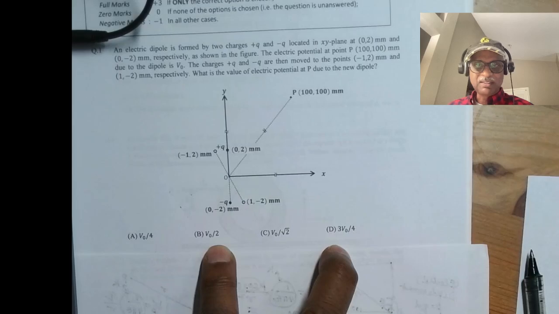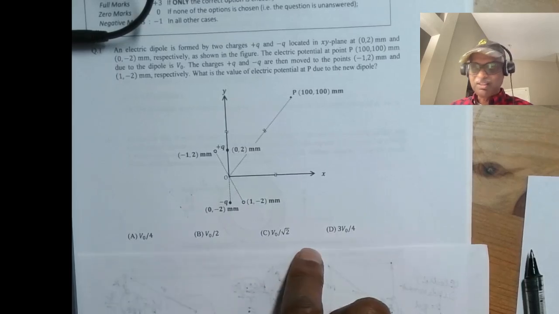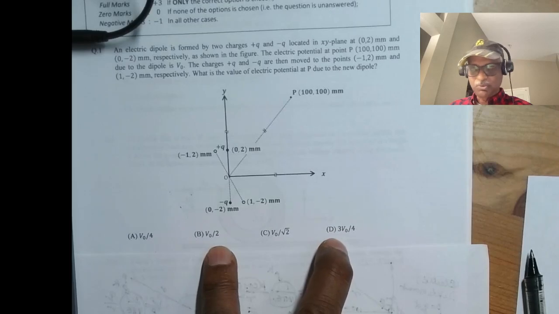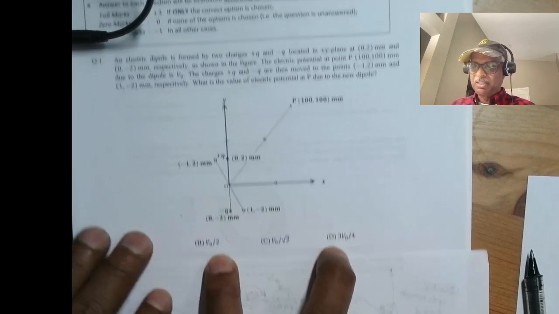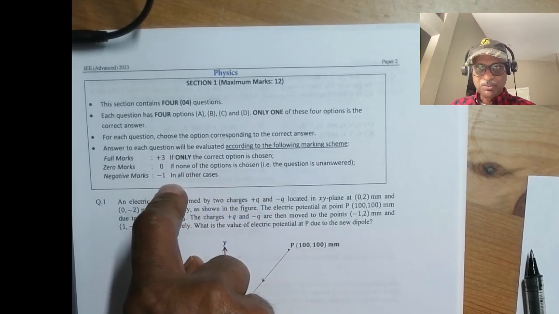It's okay to guess at that point, because now instead of the probability of being wrong being 1 out of 4, the probability of being wrong is 1 out of 2. And the gain is +3 and the loss is -1.